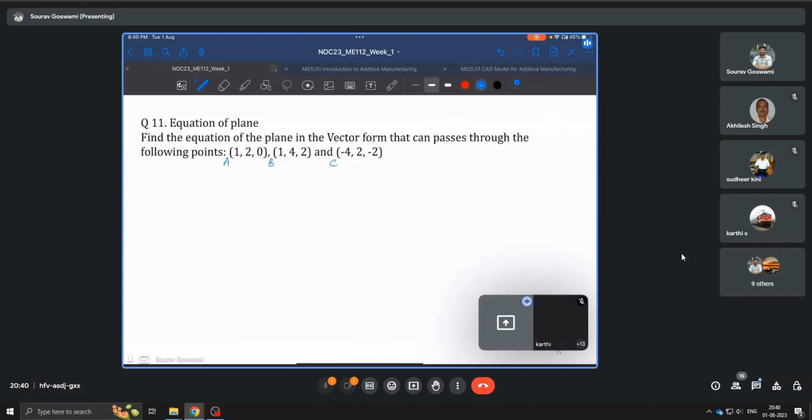The first thing to do in this case is to check for collinearity, which will be a simple determinant. So I have 1, 2, 0, 1, 4, 2, and minus 4, 2, minus 2. If this is equal to 0, then they are collinear. If not, then we are good to proceed.